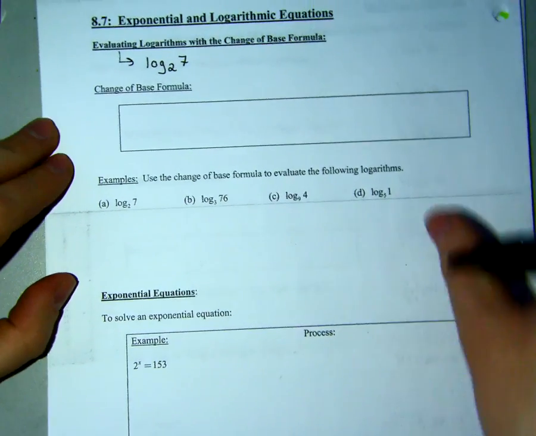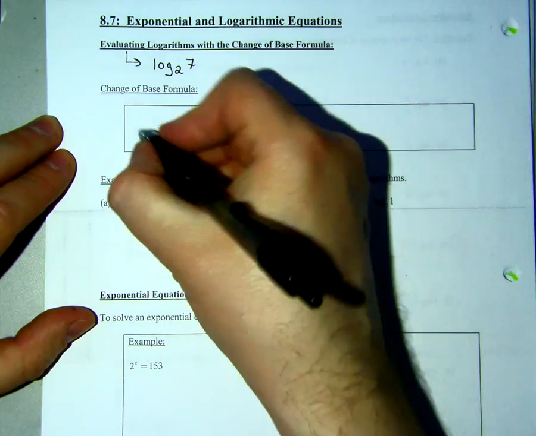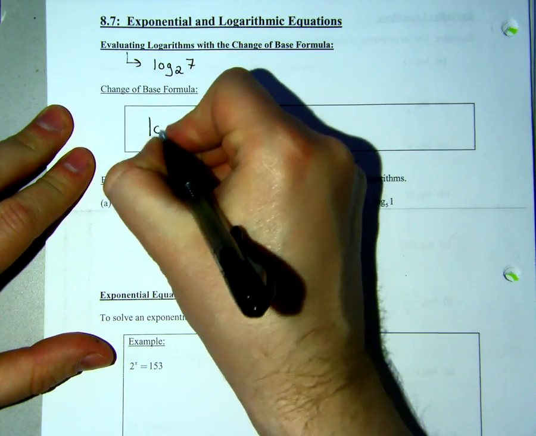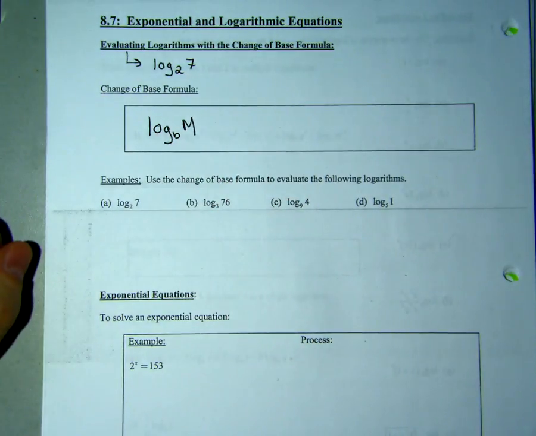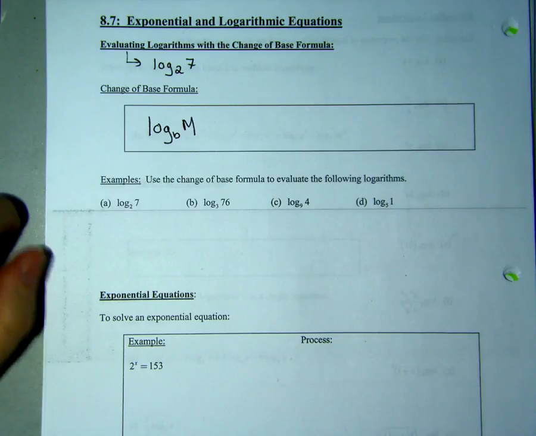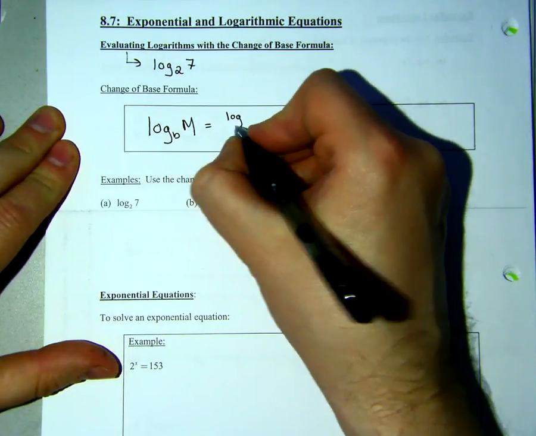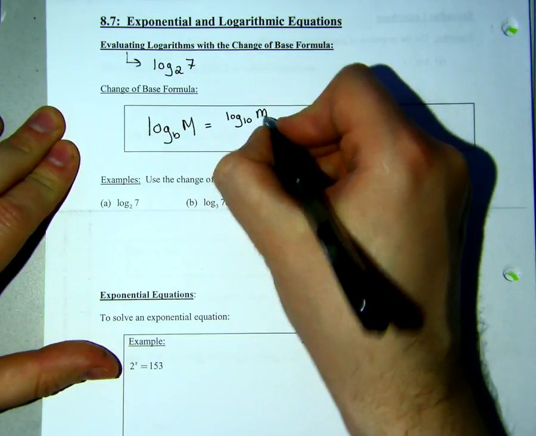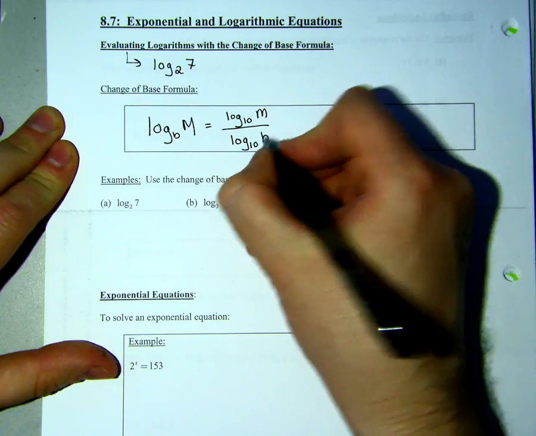There's a formula called the change of base formula, which lets us do logarithms with any base in terms of log base 10. Here's how this works. If we have the problem log base b of m, like log base 2 of 7, we could do this in terms of log base 10. This is the same as log base 10 of m divided by log base 10 of b.